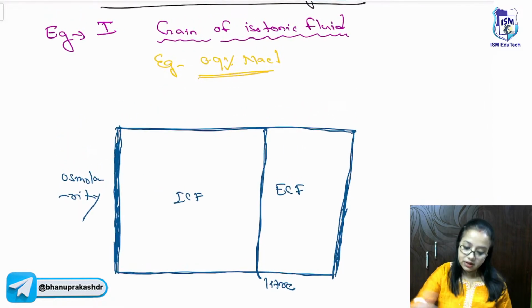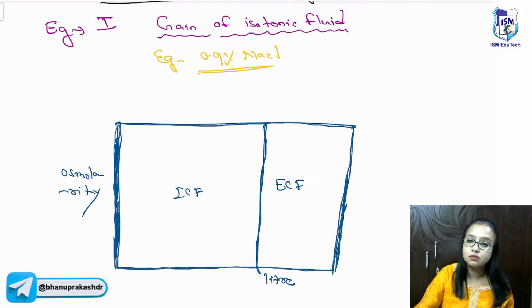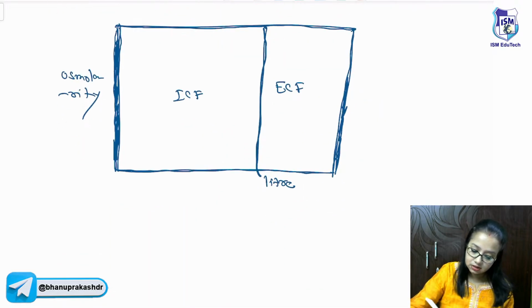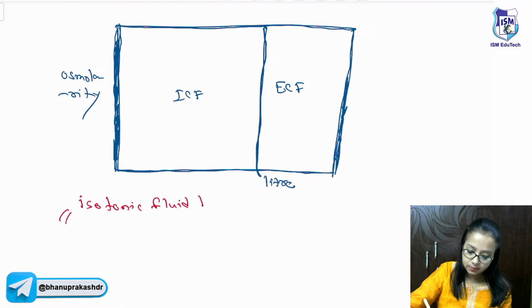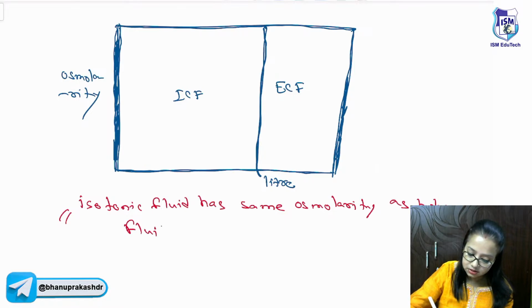Now, whenever the body gains isotonic fluid. Now, isotonic fluid means what? Isotonic fluid has the same osmolarity as body fluid.